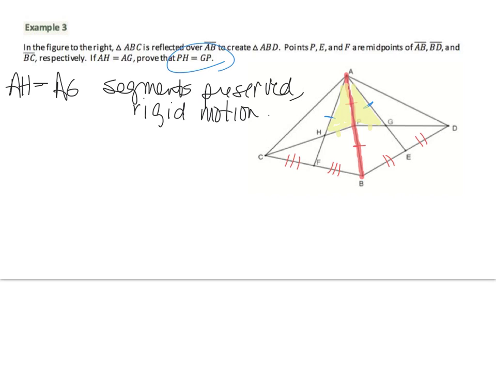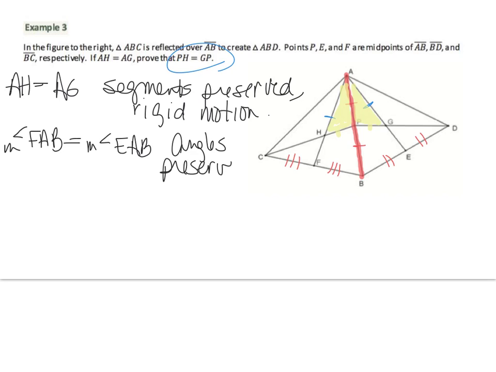So then we can do angle FAB. The measure of angle FAB is equal to the measure of angle EAB. The angles are preserved because of rigid motion. And then we have AH equals AG, we already said that. Oh, I need that middle one.